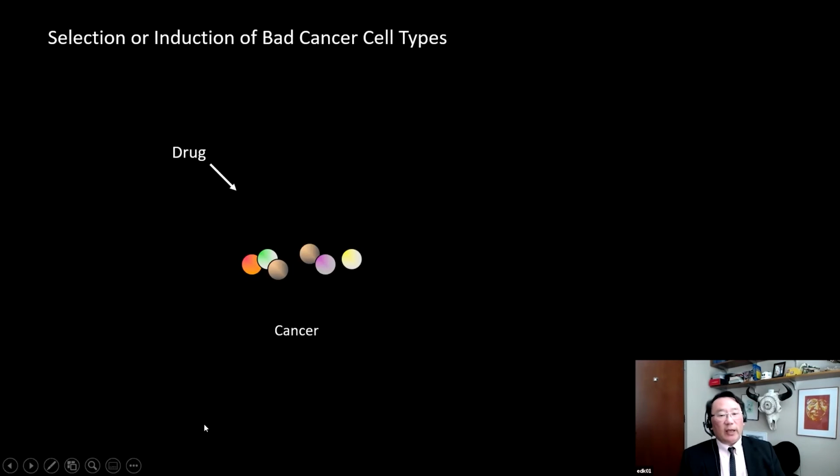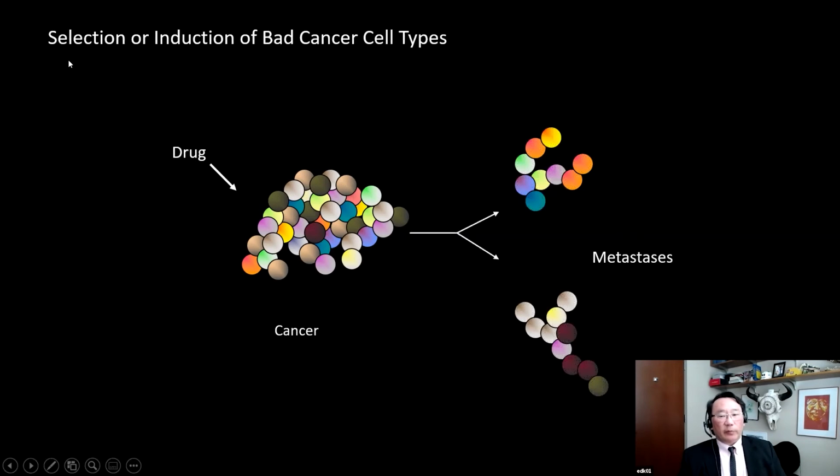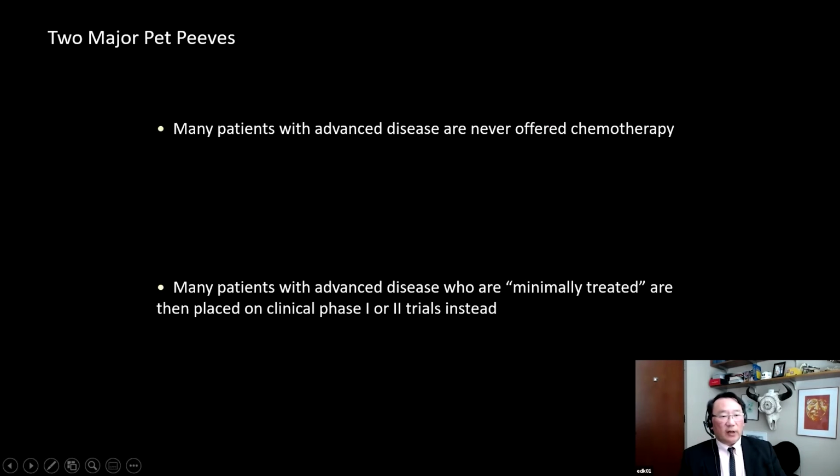But as we know with cancer, if you don't get it all, something grows back. And typically what grows back is probably a selected or induced form of bad prostate cancer. So basically with some of these drugs, they're not mean enough up front. They let something slip through, and what comes back tends to be very aggressive and tough.